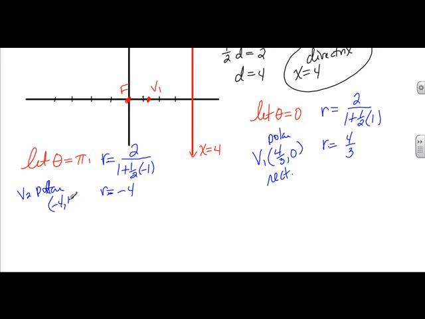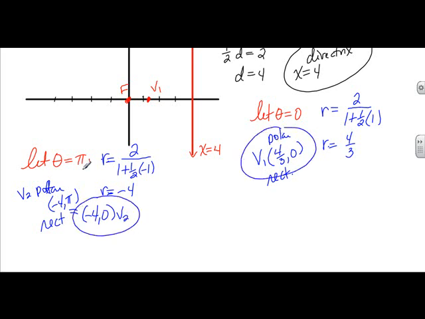Converting that to Cartesian coordinates, we're thinking about rotating pi radians and then counting out 4 units. So the Cartesian or rectangular form would be (-4, 0). So there's our second vertex. Vertex, vertex. So 1, 2, 3, 4. There's the vertex V2.